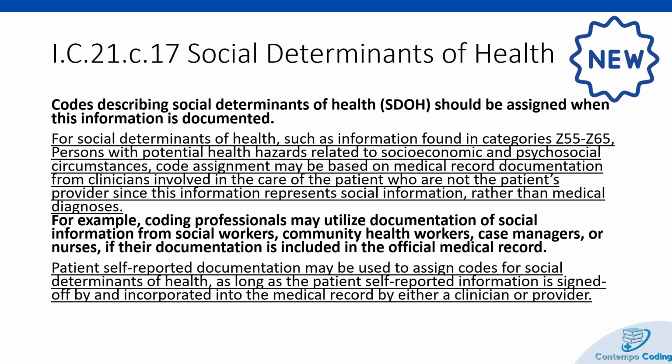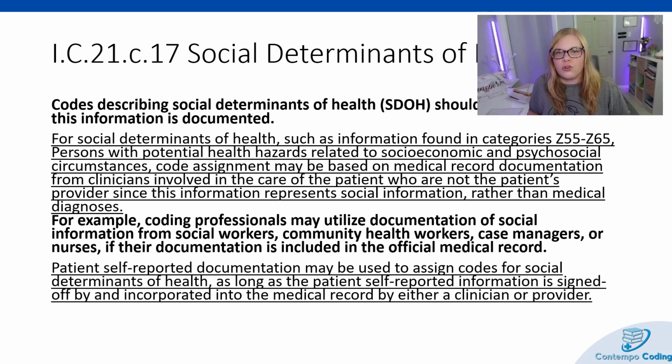For social determinants of health, such as those found in that category, persons with potential health hazards related to socioeconomic and psychosocial circumstances, code assignment may be based on medical record documentation from clinicians involved in that patient's care, but they're not that patient's provider, because that information represents social information. It is not a definitive medical diagnosis. The fact that a patient is having trouble affording their medication, that's not someone making a diagnosis of that.